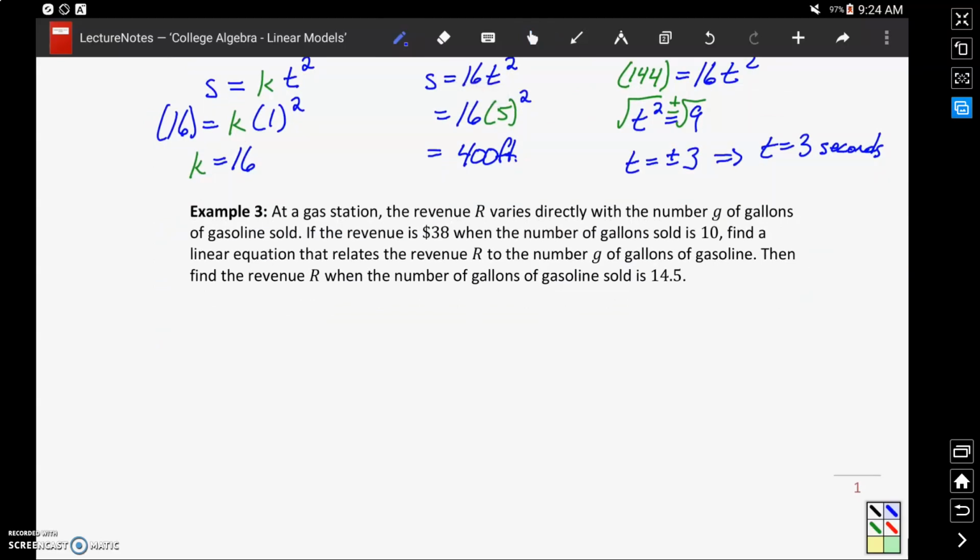In our last direct variation example, we're told that the revenue varies directly with the number of gallons of gasoline sold. So that'll allow us to set up the equation R equals K times G. When the revenue is $38, the number of gallons of gasoline sold is 10, which will allow us to solve for K and find that that would be 3.8.